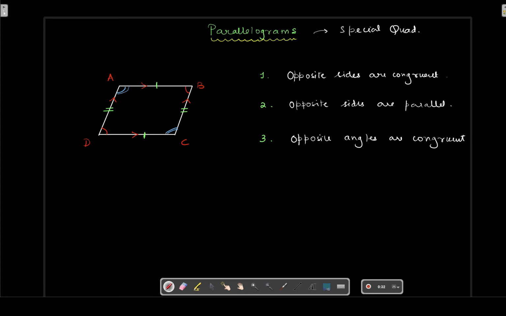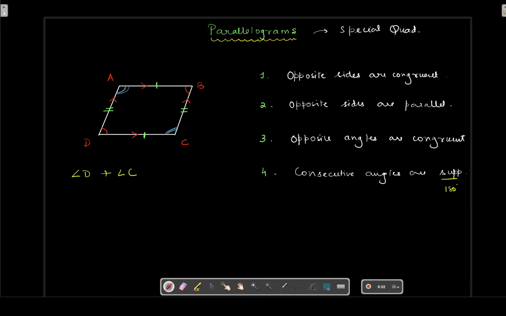And the fourth property, which is the second last property, says consecutive angles are supplementary. So the consecutive angles are angle D and angle C. Now supplementary means that they add up to 180 degrees.